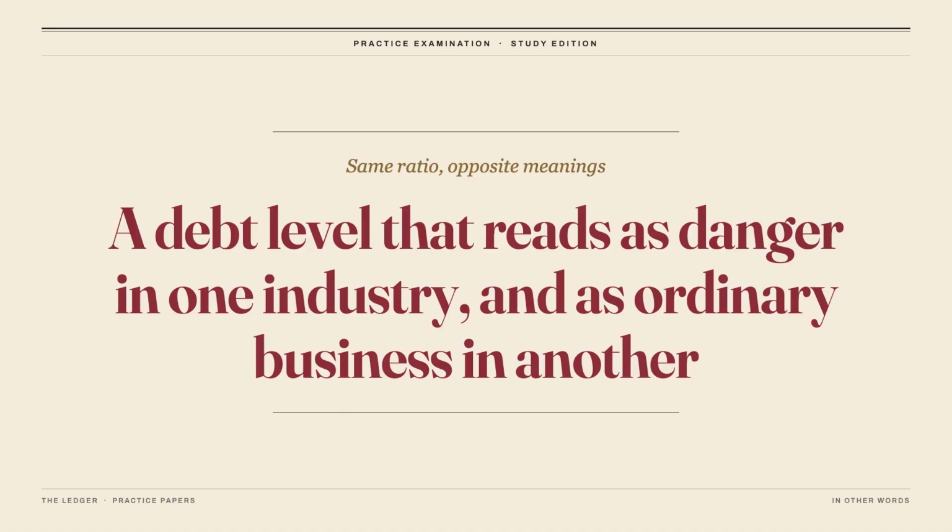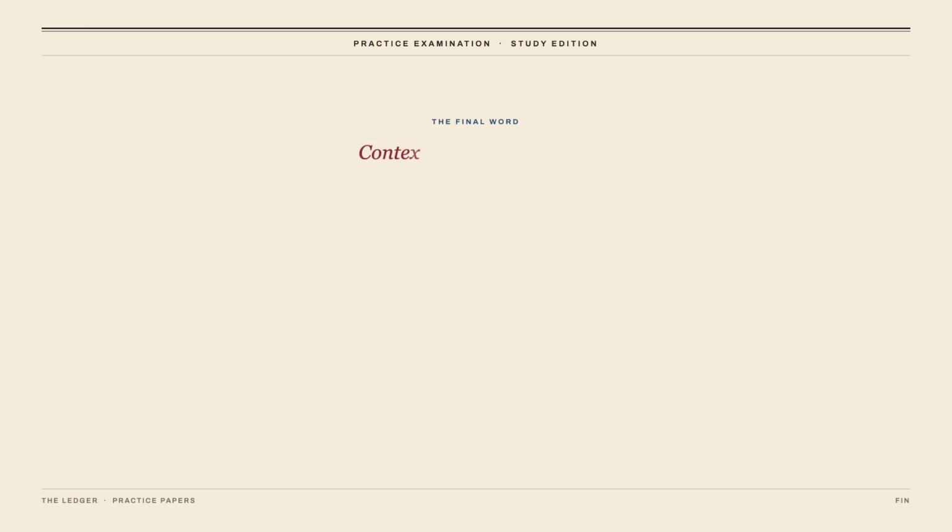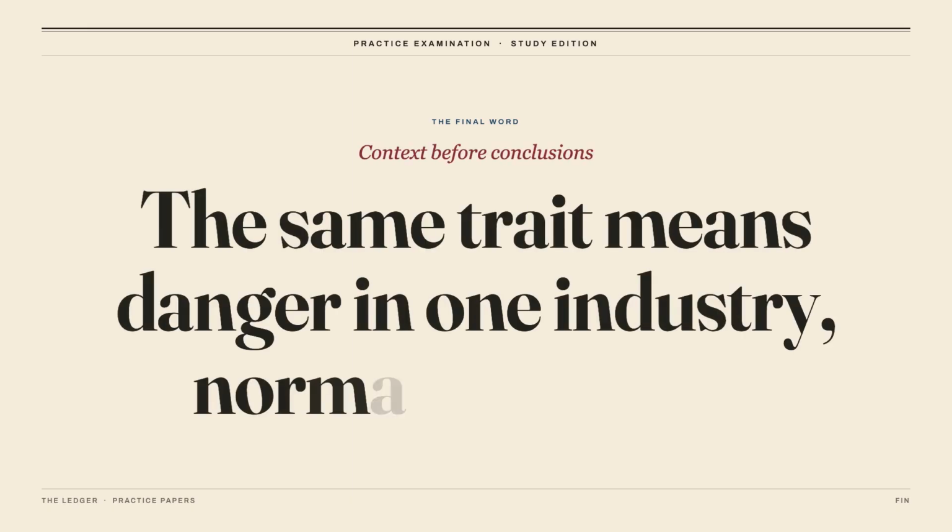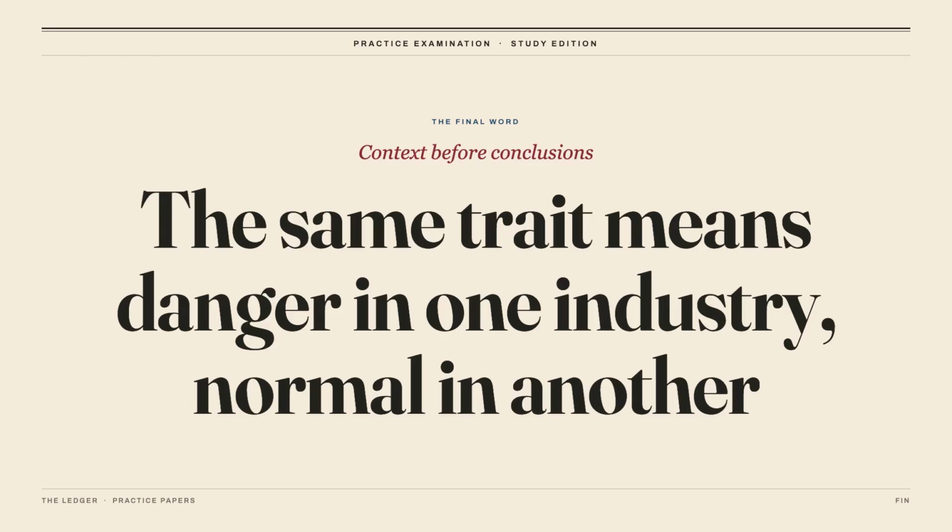Judged against the right peer group, the alarming ratio turns out to be entirely unremarkable. Heavy debt is a real warning for a cyclical competitor, but an ordinary feature of the utility model. The trait never changed, the economics around it did, which is why industry has to be understood before any single ratio is judged.